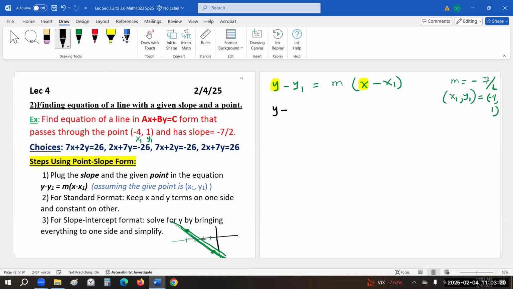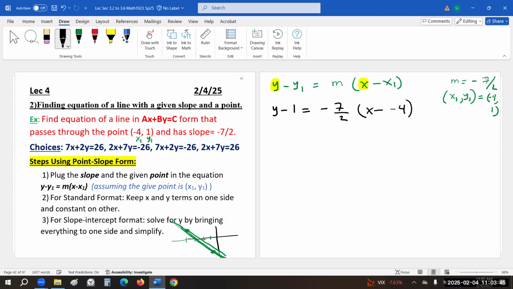So y minus what? y minus y1, 1. And then what is our slope? They gave us the slope, right? Negative 7/2 times x minus negative 4.